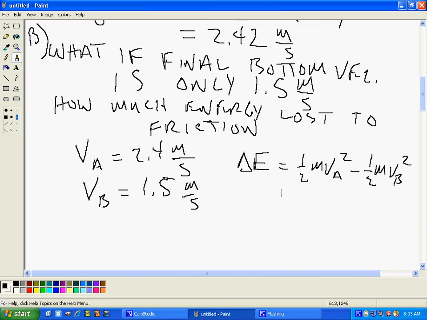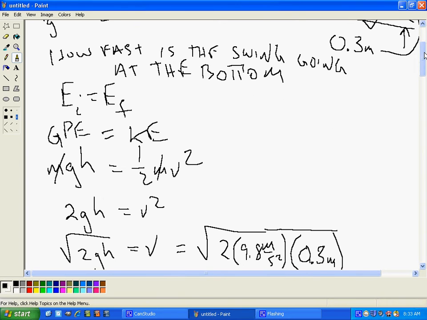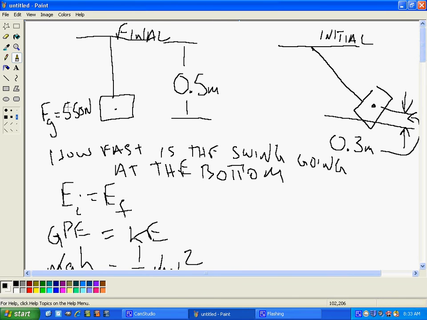Fortunately, though, in the original problem, we were given the force of gravity, and that was 550 newtons. So let's go with that.